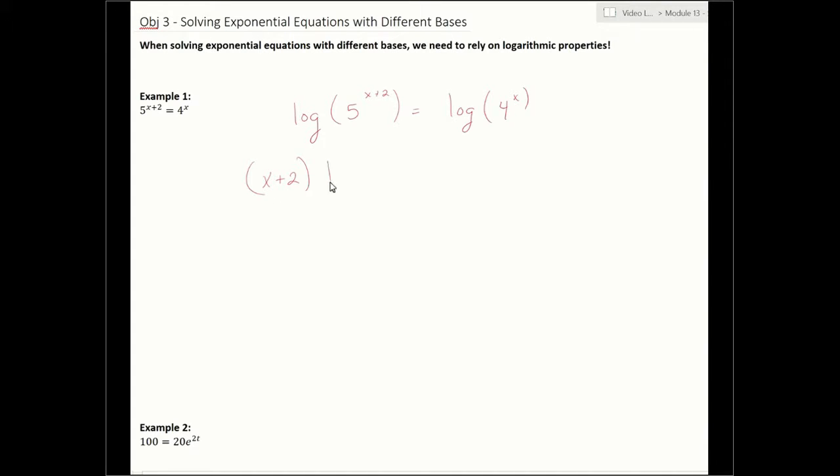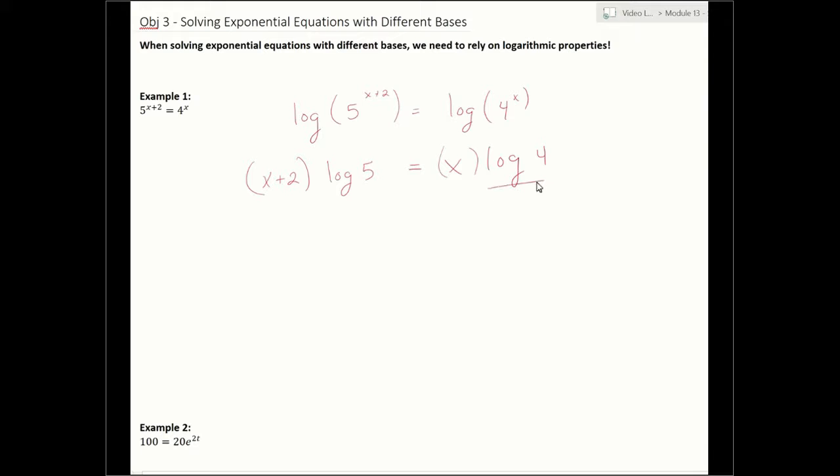The exponent will come out, and I'll make sure I put parentheses around that entire exponent. And I'll get the x plus 2 times log 5 equals x times log of 4.